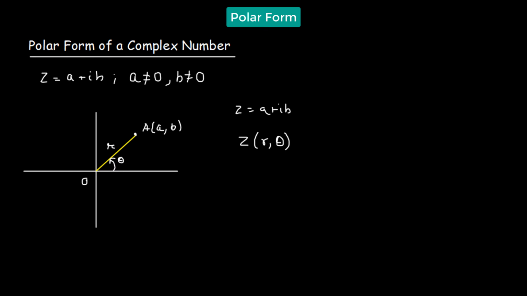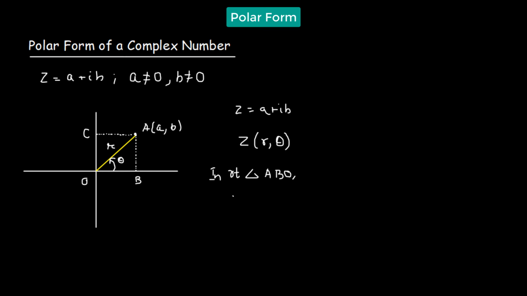We are going to drop a perpendicular line from the point A to the real axis, and let's call the point where it meets the real axis B. We are also going to drop another perpendicular line from point A on the imaginary axis, and where it meets the imaginary axis, we are going to name it point C. Now let's consider the right triangle, which has a right angle at B, so we have ABO.